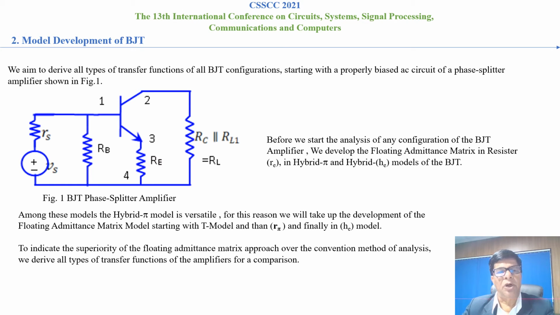Among these models, the hybrid pi model is versatile. For this reason, we will take up the development of the floating admittance matrix, starting with the T model, then the r pi model, and finally the h-e model. To indicate the superiority of the floating admittance matrix approach over the conventional method of analysis, we derive all types of transfer functions of the amplifiers for comparison.